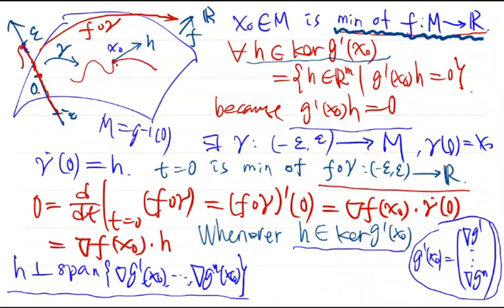So our previous argument says that whenever h is perpendicular to the span space of the gradients of g1 up to gn, we have h perpendicular to the gradient of f at x0. So using our previous lemma, we conclude that the gradient of f at x0 belongs to the span space of the gradients of g1 up to gn at x0. So this is precisely the conclusion of the Lagrange multiplier theorem. Okay.